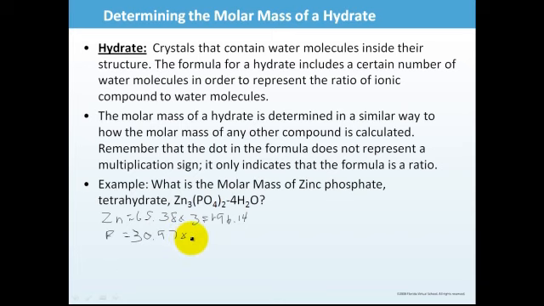Now that 2 outside the parentheses distributes through there. So we have P1 times the 2, so there's actually 2 of those. So we have 61.94. And now the oxygen, we've got 15.99.